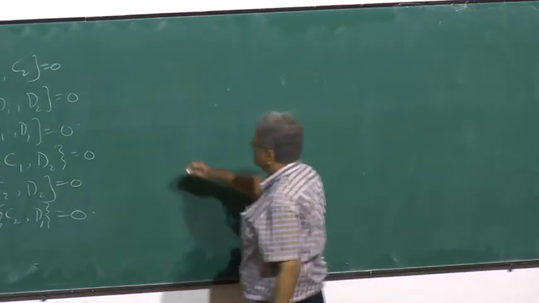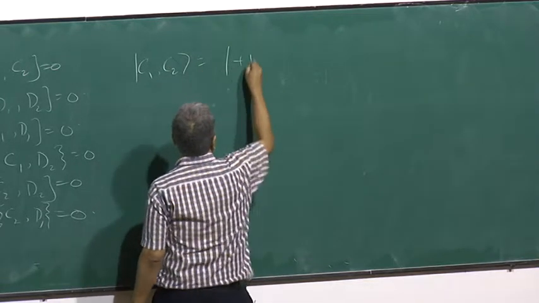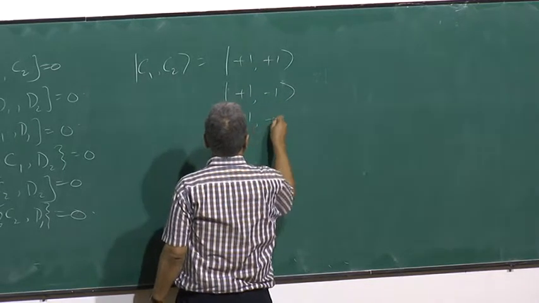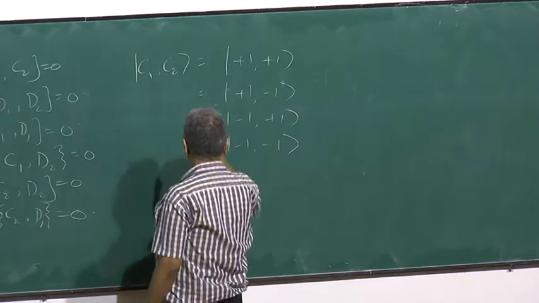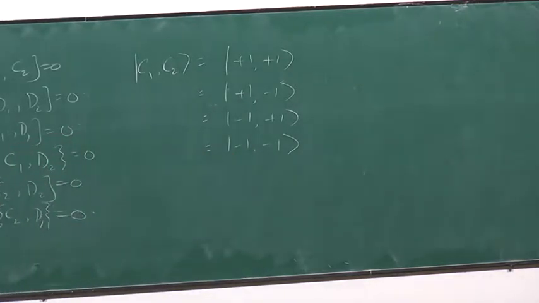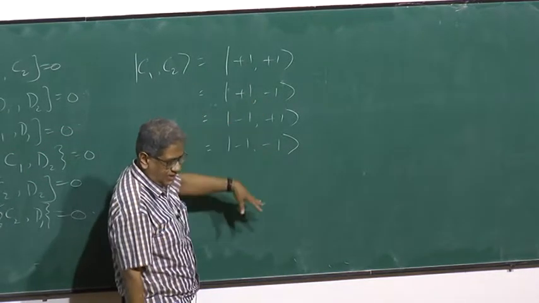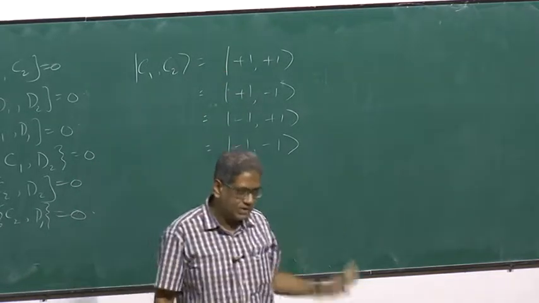So, we are going to look at states which have C1, C2 equal to plus 1 plus 1, plus 1 minus 1, minus 1 plus 1, and minus 1 minus 1. The next claim is that within these sectors, of course there are lots of states in each sector, but the energy of the ground states in all these sectors is the same.